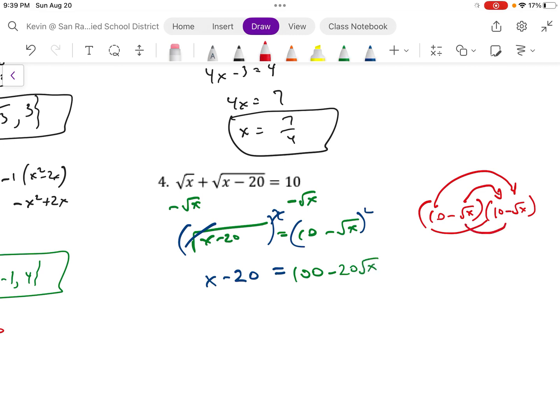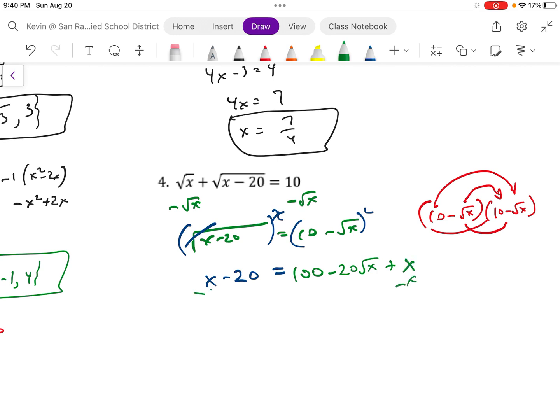And then lastly, I go negative root x times negative root x. That's going to give me a positive square root of x squared, which, because those cancel out, just gives me an x.